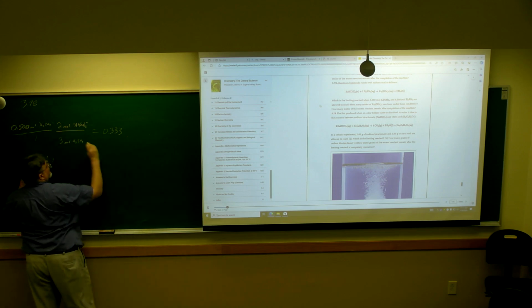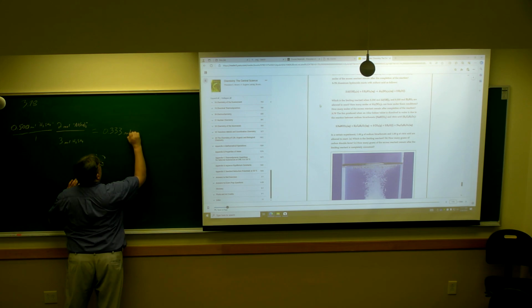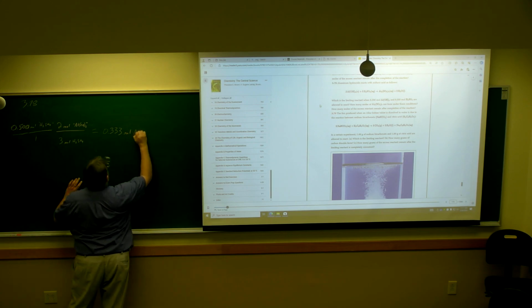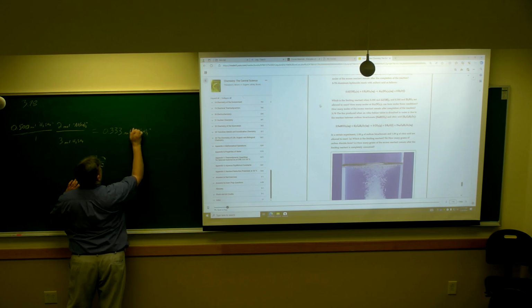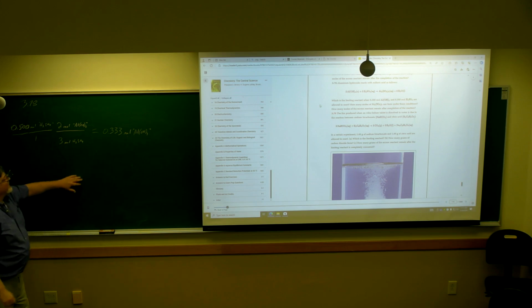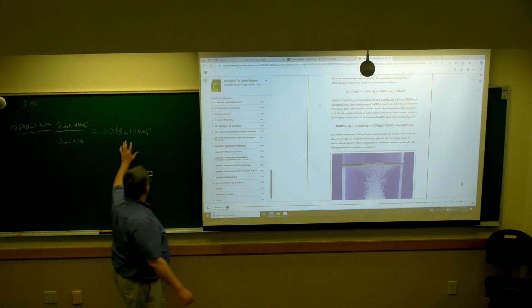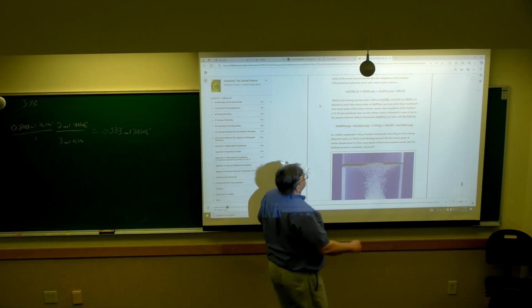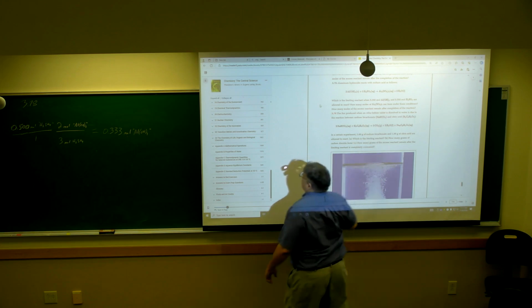These 2 are exact. That's how many moles I need of aluminum hydroxide to react with 0.5 moles of this. But how many actual moles of aluminum hydroxide do I have? 0.5 moles of that.